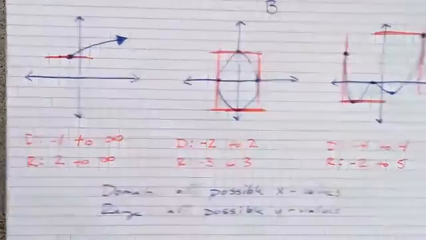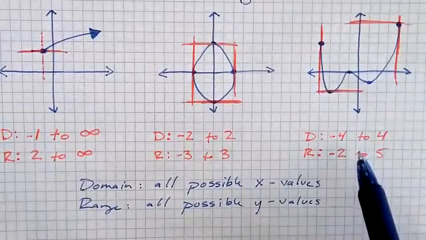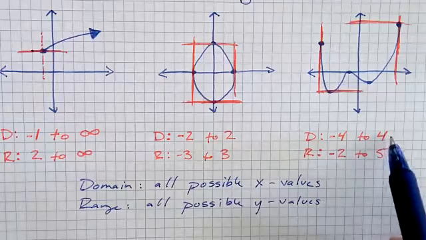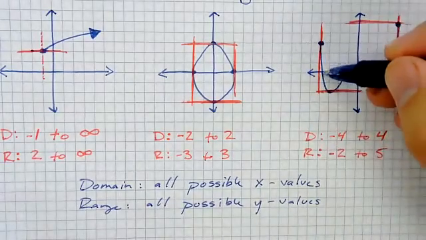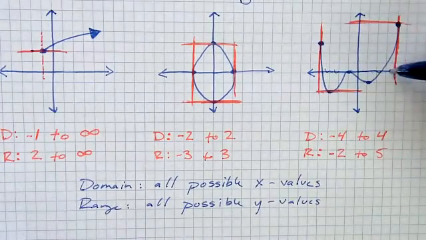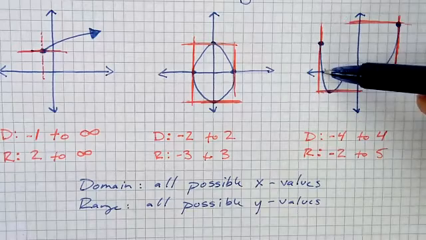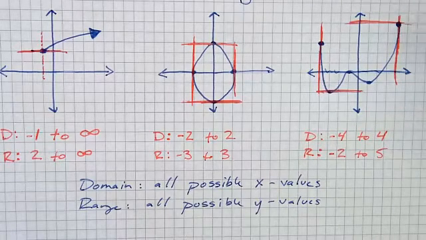So when we take a look at that third one there, we're saying that any number between -4 and 4 is a possible value for x, because all of those values in here are where the graph lies. From -4 to +4, we have an x value for each of those values.